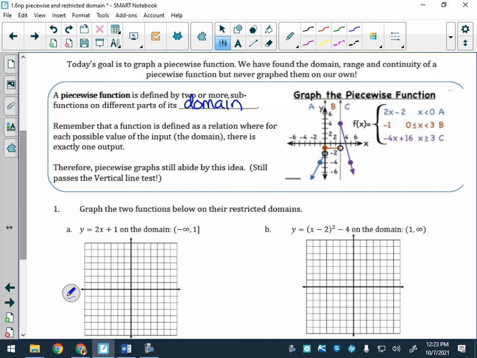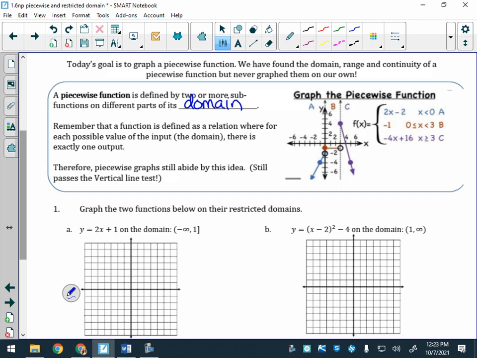Then to find the additional points, I would plug in an extra x value less than 0 to get this graph. -1 is a horizontal line, but if you notice, it's from 0 to 3: 0, closed circle; 3, open. Then I do the last one.